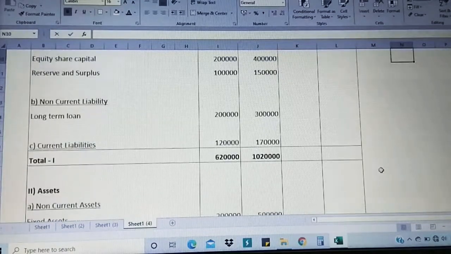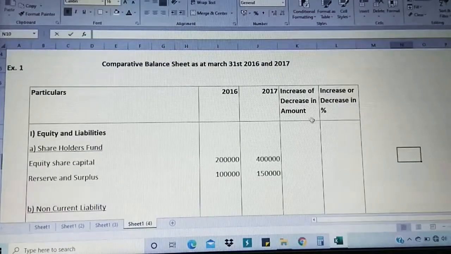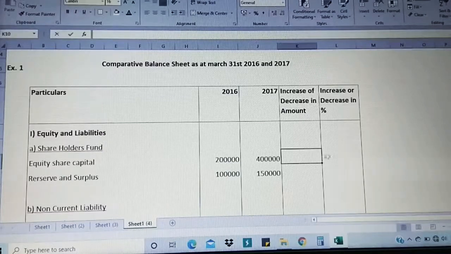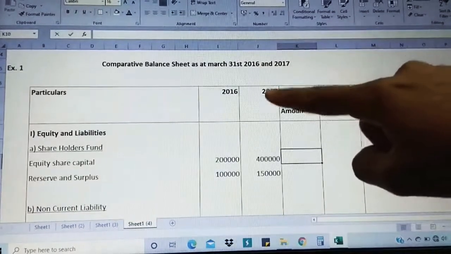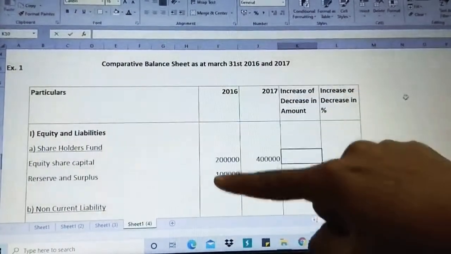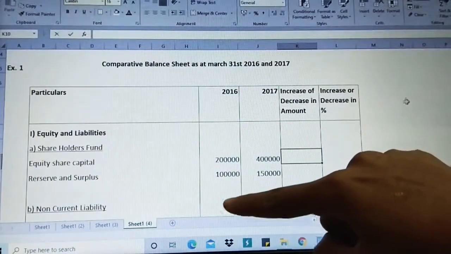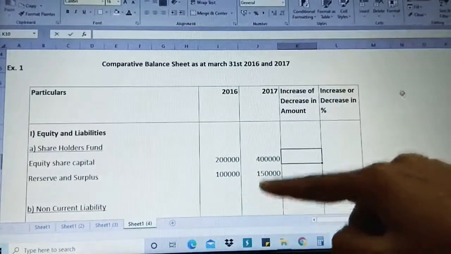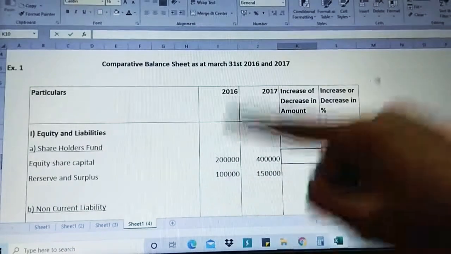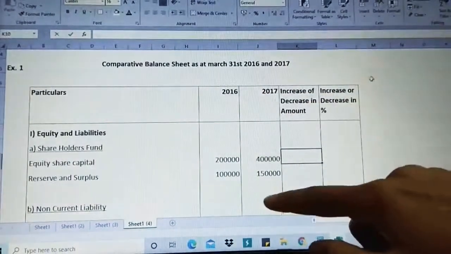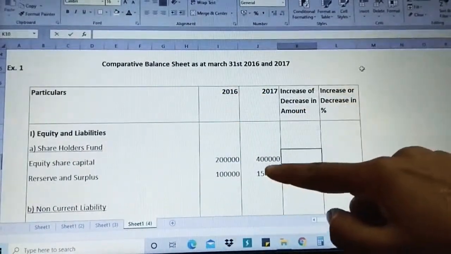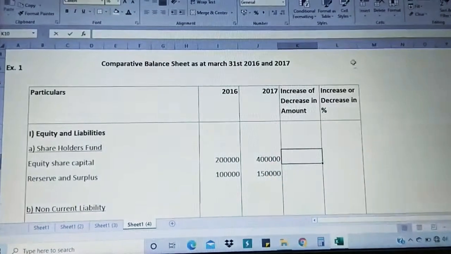So let us go for the calculation of the first column, that is, increase or decrease in amount. This is going to be simple. As I said, comparative means you are comparing the present year with the previous year. Present, previous. The second column value is 4 lakh.